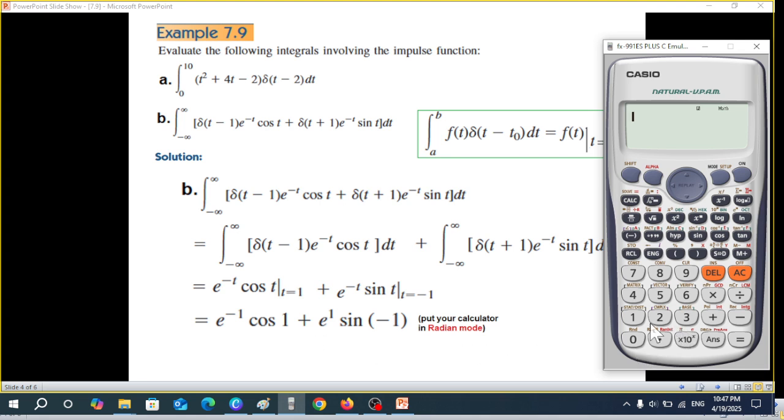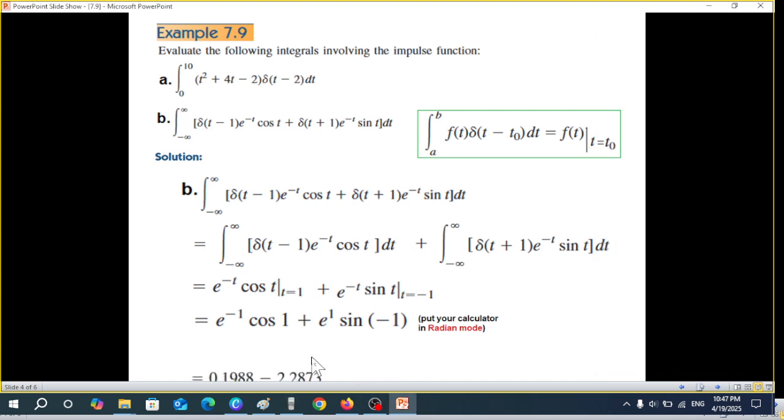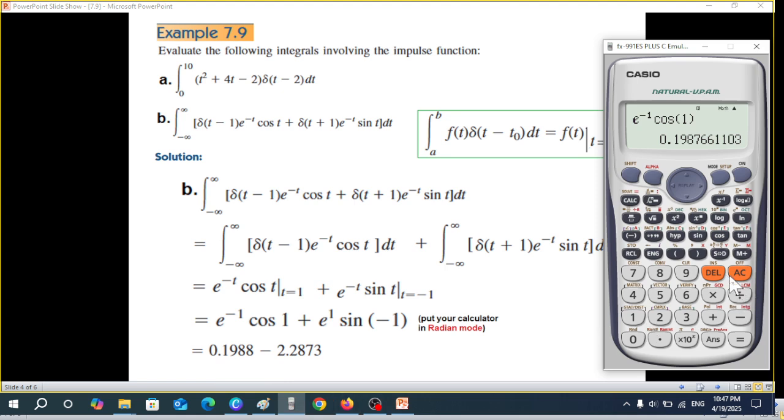So let's write e. We write shift e to the power -1, move forward, cosine 1, and this will be equal to 0.1987, or 0.1988. In the same way you can solve the other one.